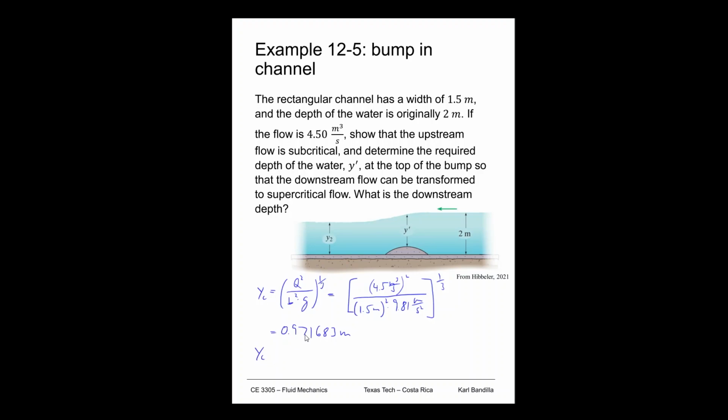All right, so we can say that YC is less than, if we call this one location 1 and this location 2, less than Y1, so that means it's subcritical.